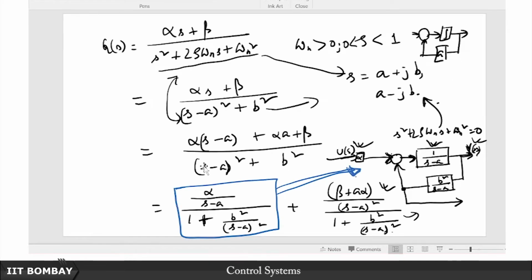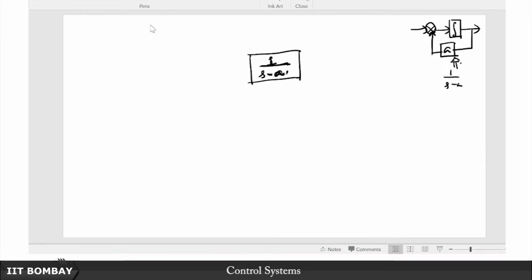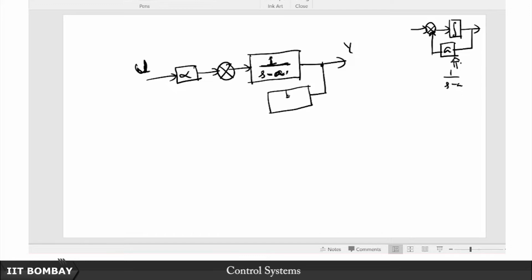So let me redraw that back again here. What I had was, let me have this y here, let me have the alpha here, this is the u here, the big U, and let me have this b squared upon (s minus a).